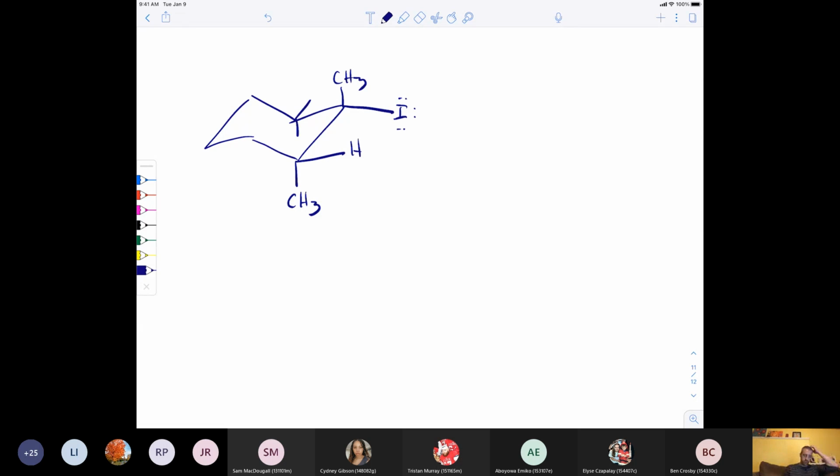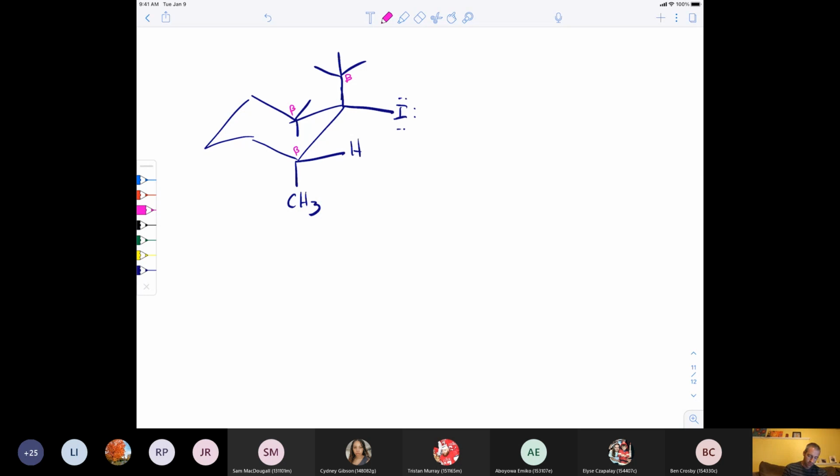There's not only one beta hydrogen, there's three others. So those three. Let's make this t-butyl, so there's no beta hydrogens up there either. So there's only one beta hydrogen, which is the only one that's drawn here.